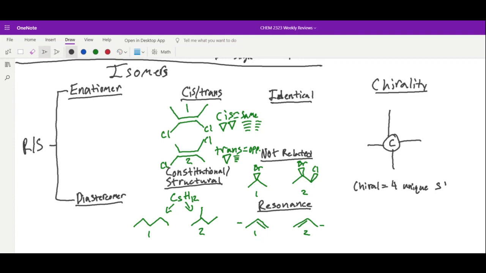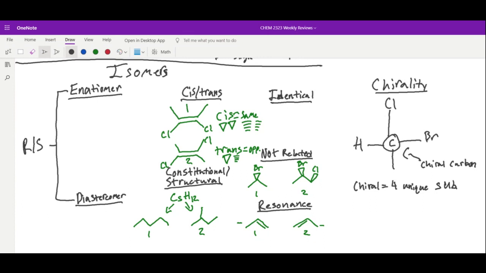And I'll abbreviate substituents from now on to sub. So this carbon, let's say it has a chlorine, bromine, a methyl, and a hydrogen. So we would say this is a chiral carbon.